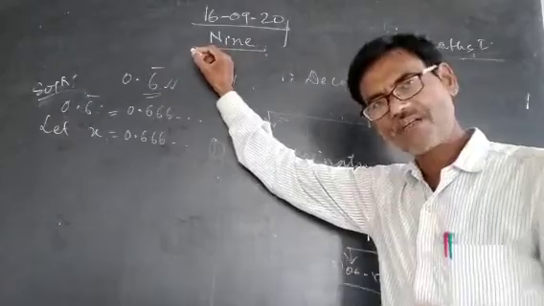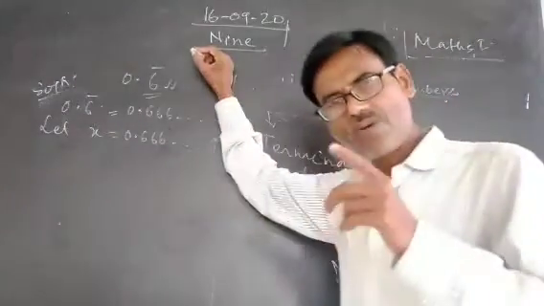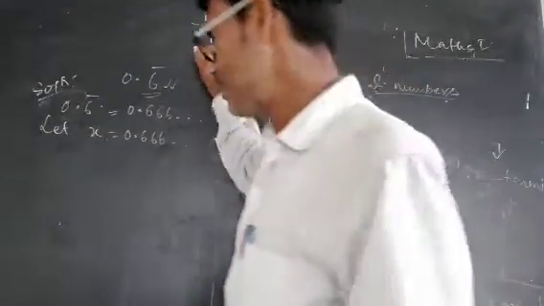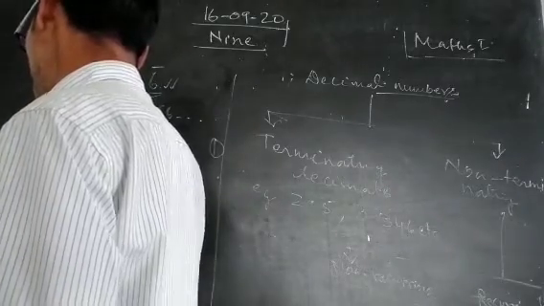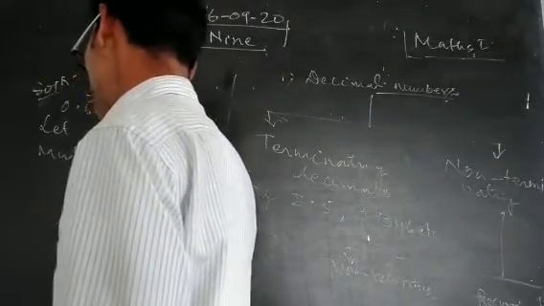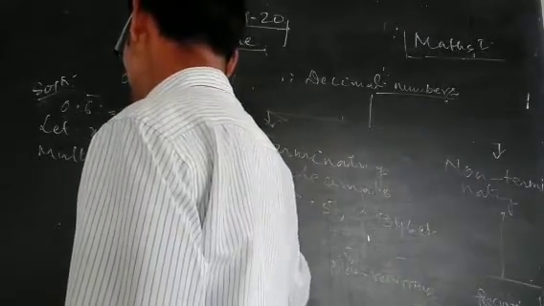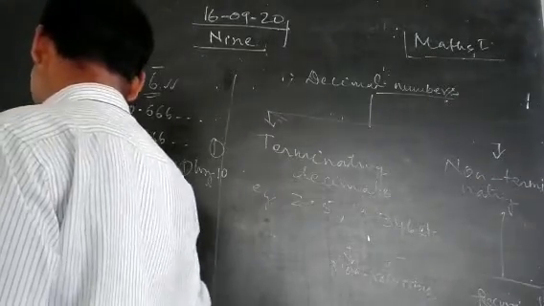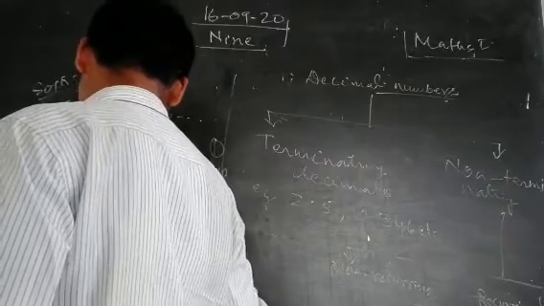The number of repeating digits is 1. So putting 1 zero against 1, we will multiply equation 1 by 10. We get 10x is equal to 6.666. Equation number 2.